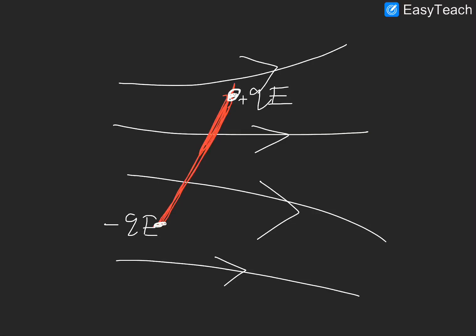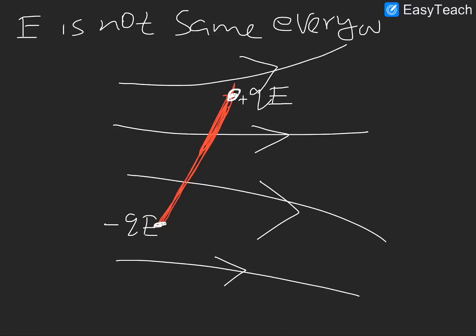But non-uniform means E is not the same everywhere. Non-uniform means the electric field is not the same everywhere, so the electric field value which is here may not be equal to the electric field value which is here.